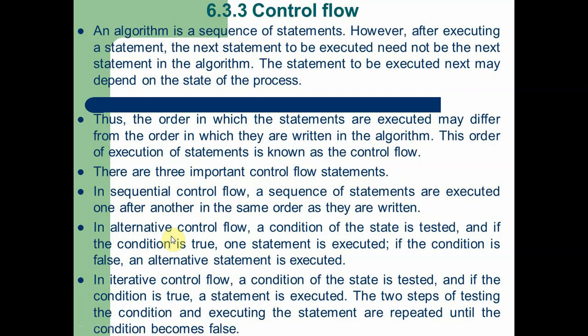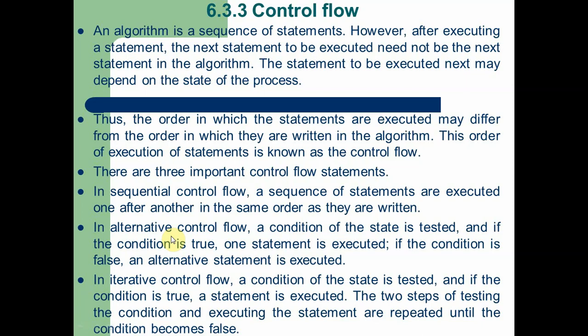The third control flow is iterative control flow. Here we try to repeat a group of statements or a single statement until some condition becomes false. So these are the three types of control flow. One, sequential flow, where all the instructions, all the steps in the algorithm are executed from the first step to the last step.